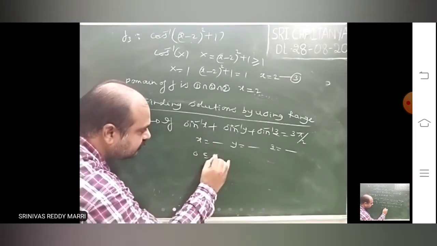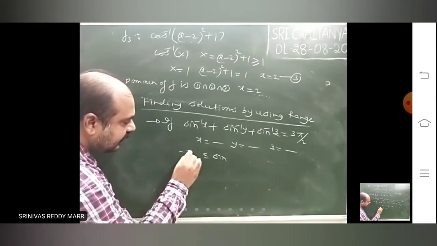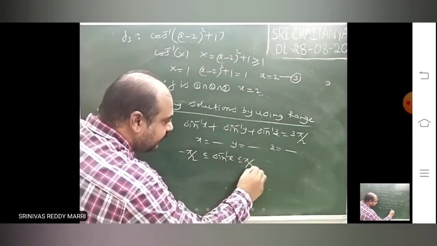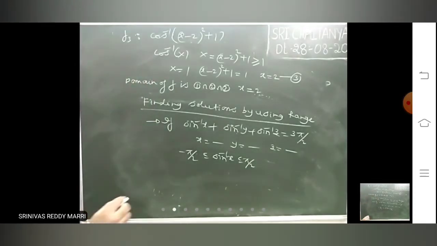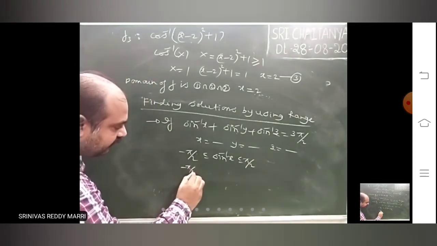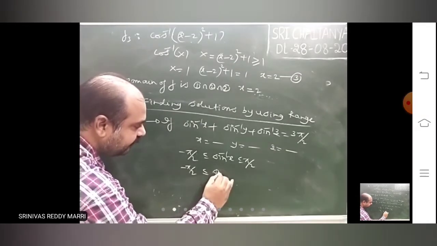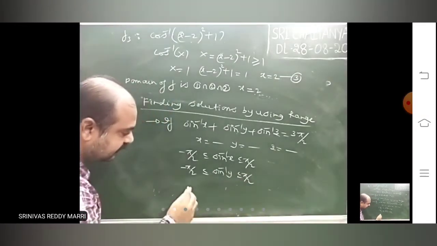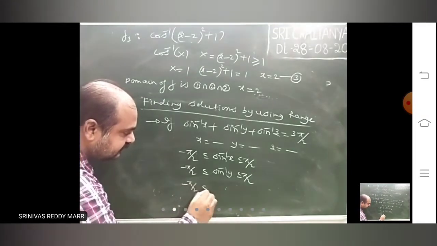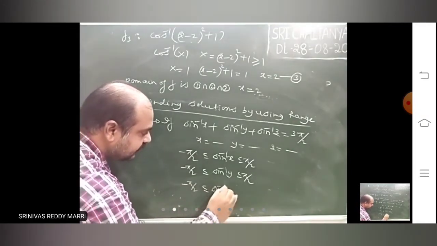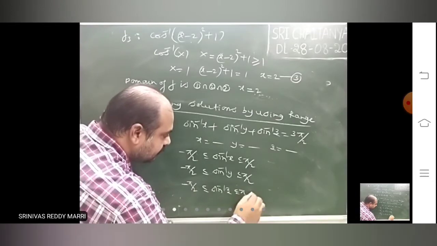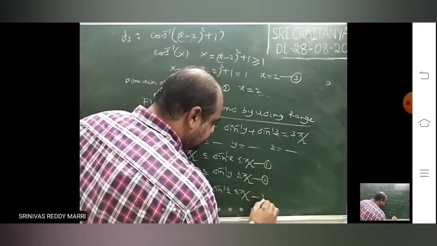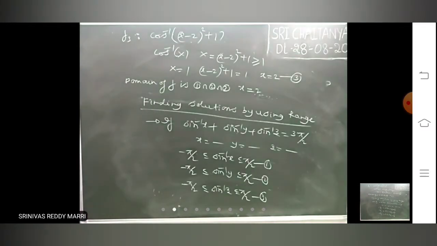You know that sine inverse x always lies between minus pi by 2 to pi by 2. Sine inverse y always lies between minus pi by 2 to pi by 2. Sine inverse z always lies between minus pi by 2 to pi by 2. Let us take 1, 2, 3.